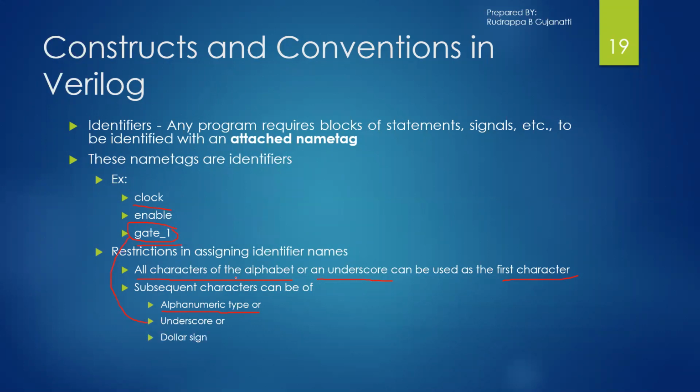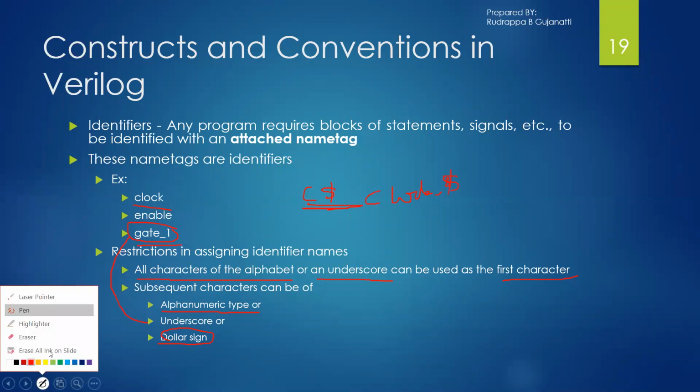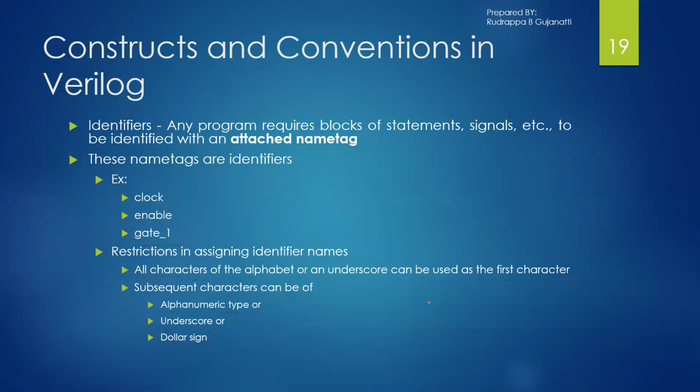Or you can have a dollar sign. This is one special character which you can use. So suppose I can write it as C dollar. So this acts as a variable. So clock underscore dollar, even this is permitted. So these are just a few things which you can utilize.